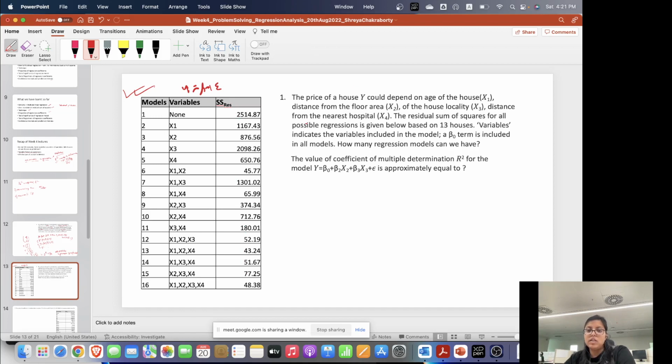Now the question is, what will be the coefficient of determination, that is R square, for this model? Any idea how we should proceed?